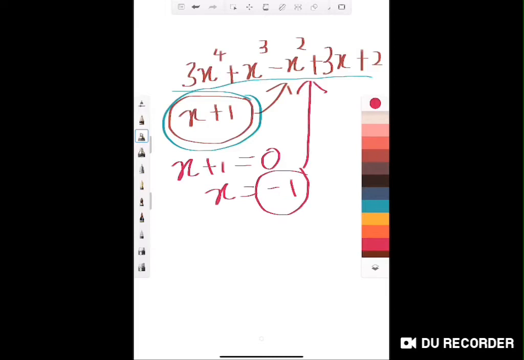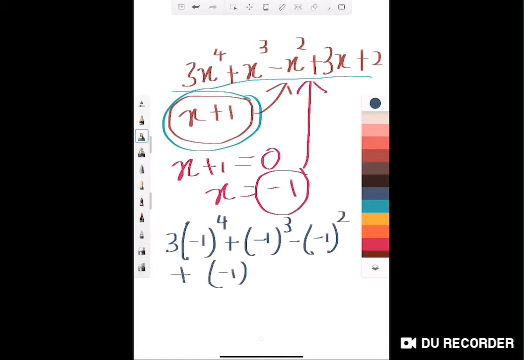Okay, so when you substitute your x in your polynomial, what we have here: negative 1 power 4 is positive 1, so you get 3 here. And then for this part, negative 1 power of 3 is negative 1, minus negative 1 power of 2 is positive 1.